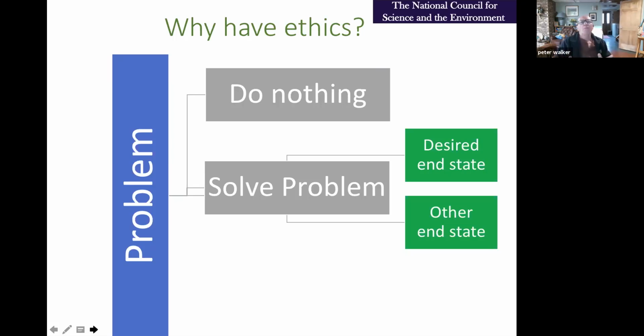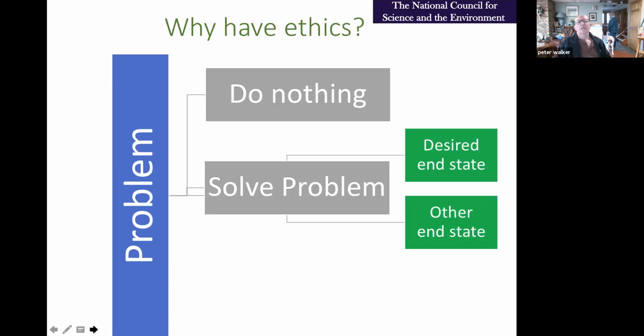For most complex sustainability issues, though, there isn't a solution. There's a desired end state you may want to drive towards, and even that end state will change as you learn more about a subject matter. So in effect, you're not so much solving a problem as making judgment calls about what direction you go to get towards that desired end state.